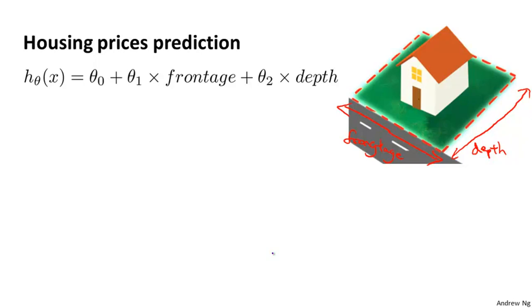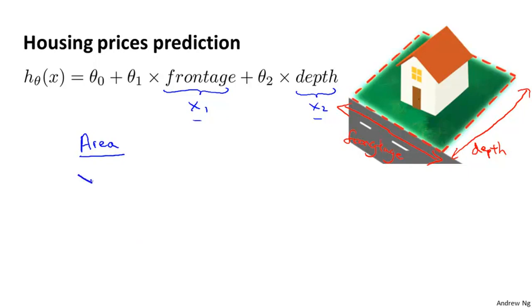You might build a linear regression model like this, where frontage is your first feature x1 and depth is your second feature x2. But when you're applying linear regression, you don't necessarily have to use just the features x1 and x2 that you're given. What you can do is actually create new features by yourself. So if I want to predict the price of a house, what I might do instead is decide that what really determines the size of a house is the area, really the land area that I own.